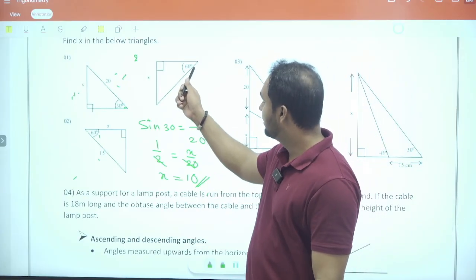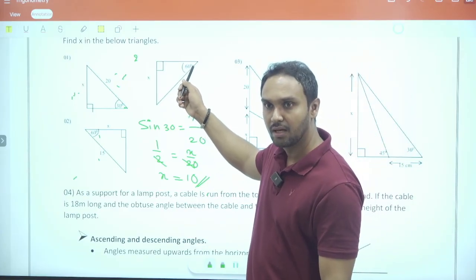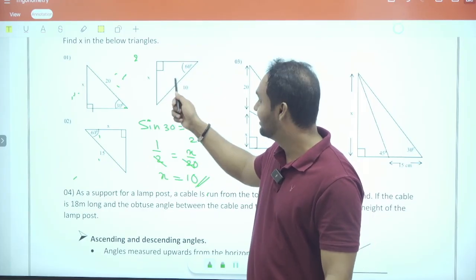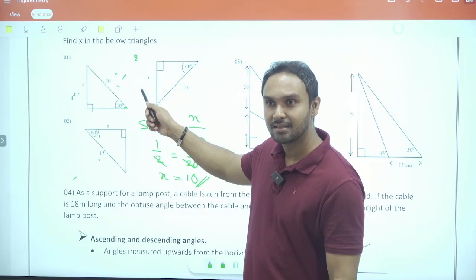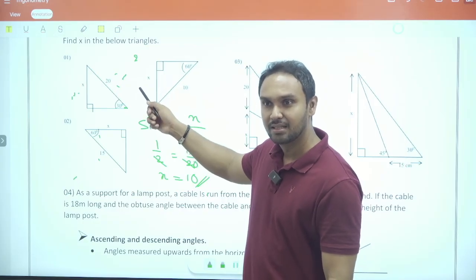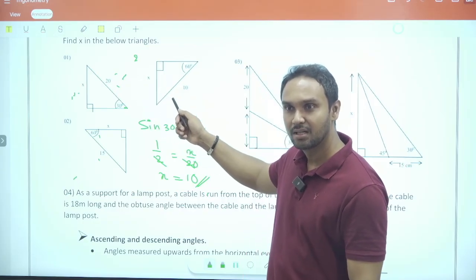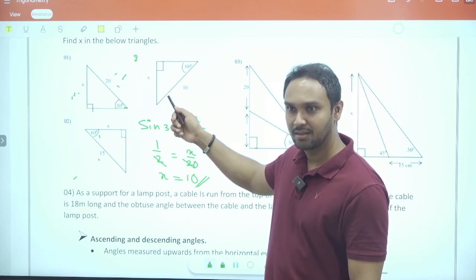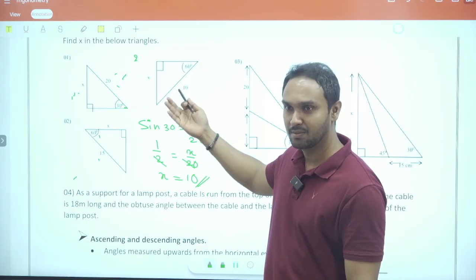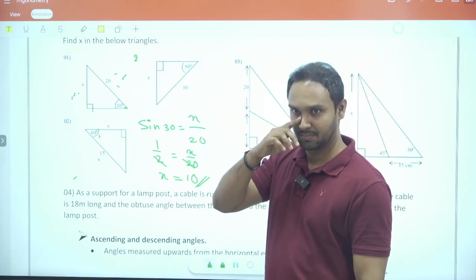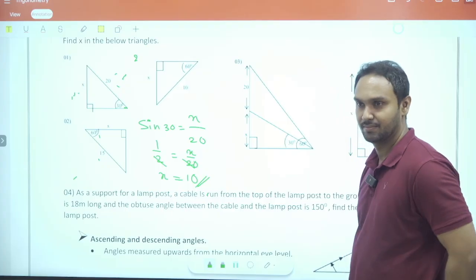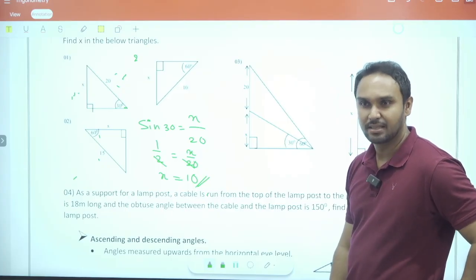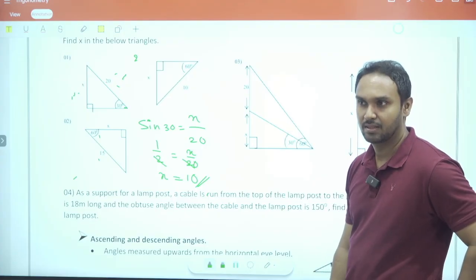You have to include the hypotenuse, which is the hypotenuse anyways, and this is the opposite of the angle. So opposite over hypotenuse is sine. So put sine 60. Simple, right? And leave the answer in surds. You don't have to simplify the whole thing.